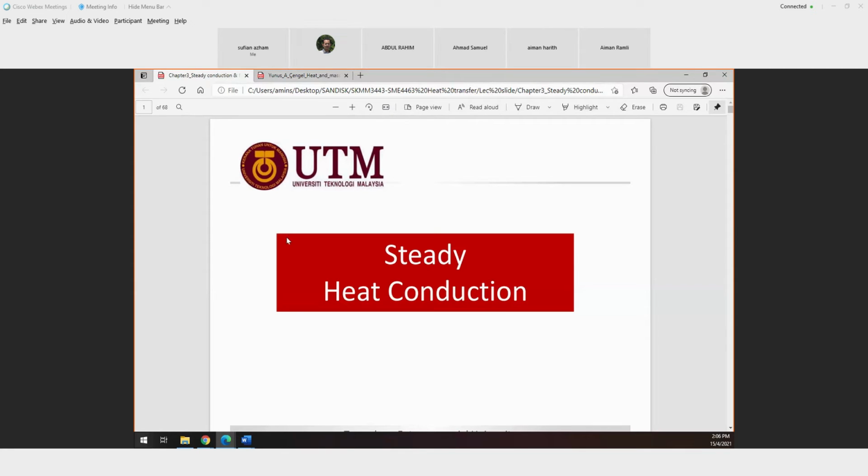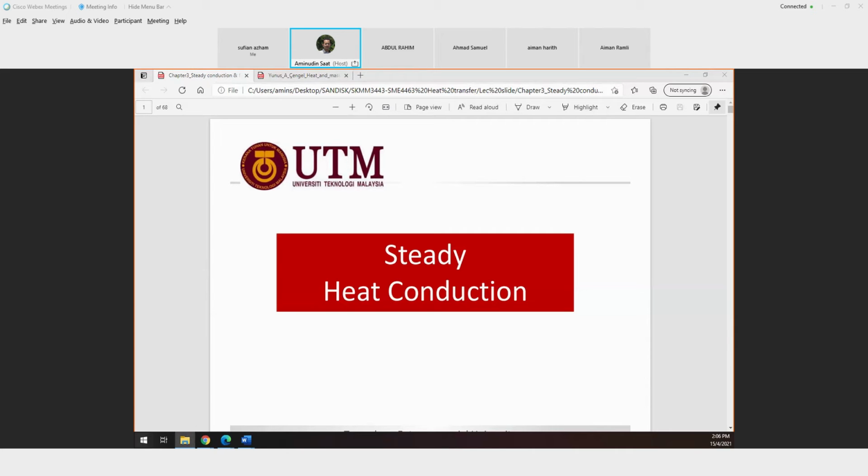What is the percentage covered in test one? I think it's 20%. The percentage for test one is 20%, same as what I explained in the first slide.